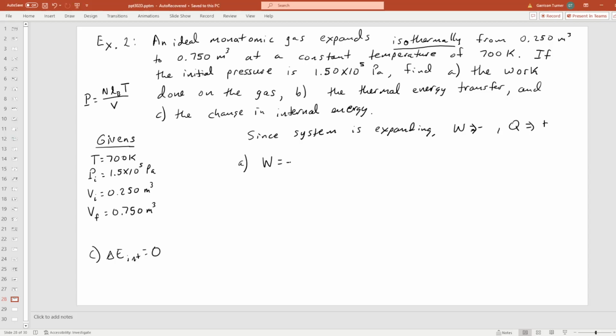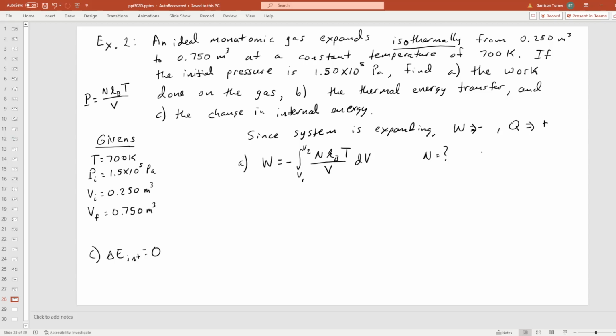Our work done is therefore going to be negative the integral of V1 to V2 of NKBT over V dV. But we don't know how many atoms there are in this gas, right? So we don't know N. So we need to find N, all right?